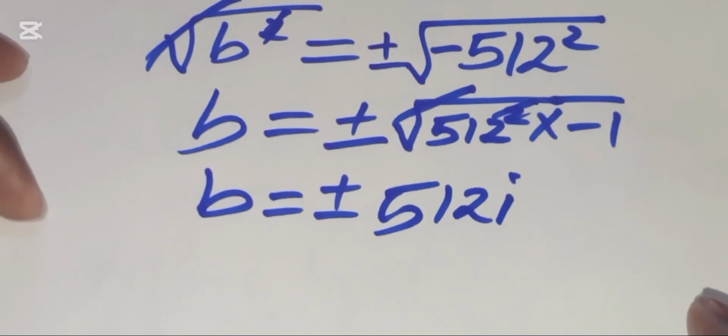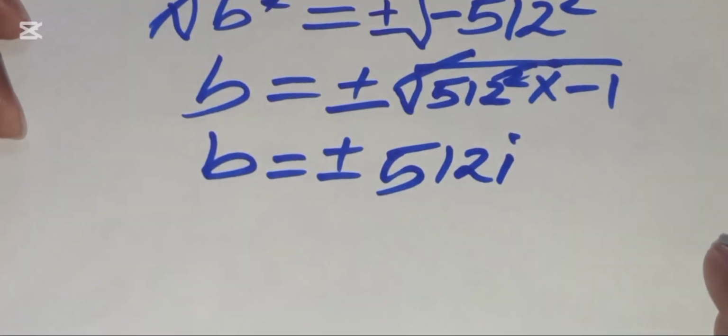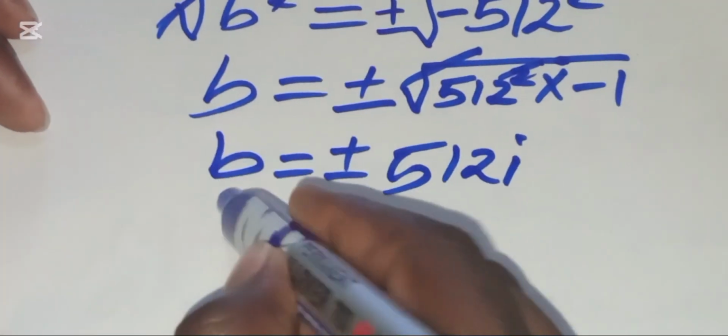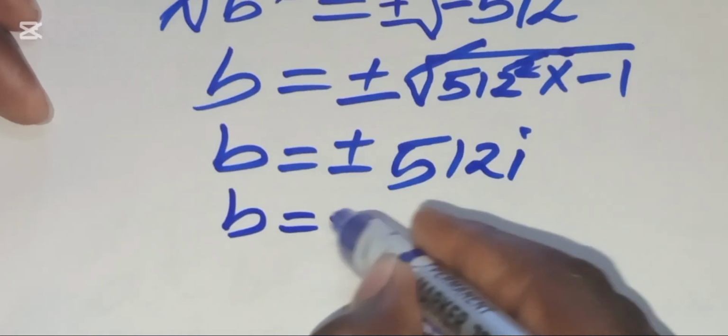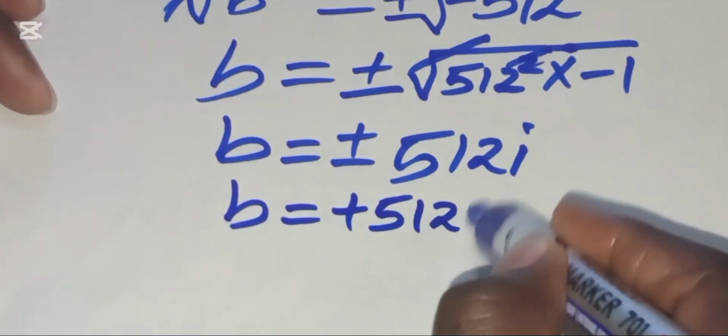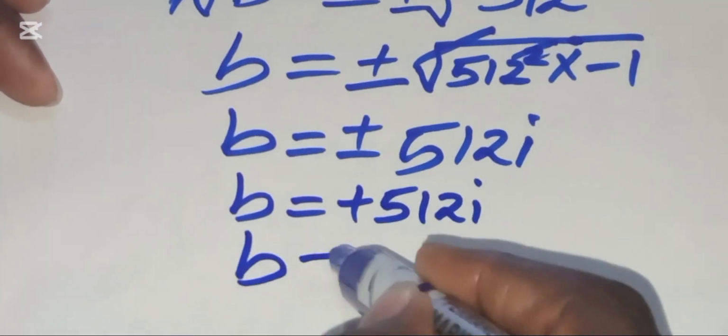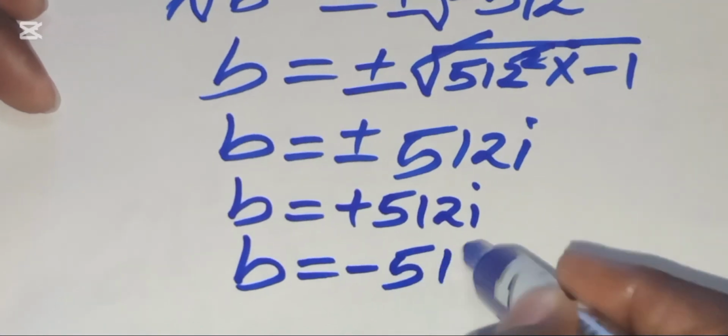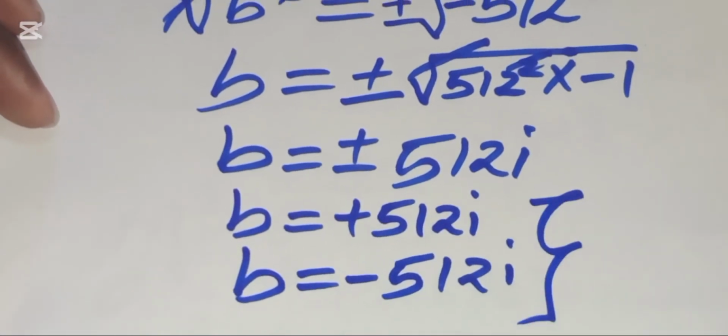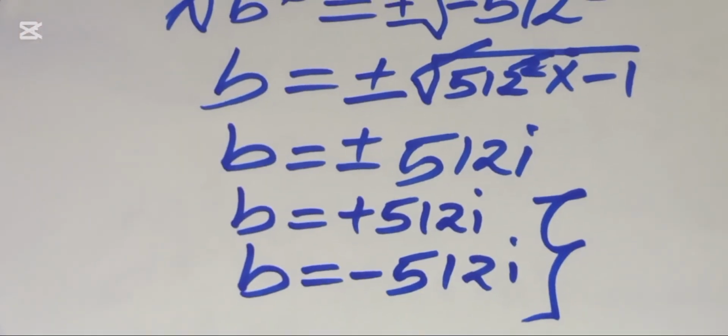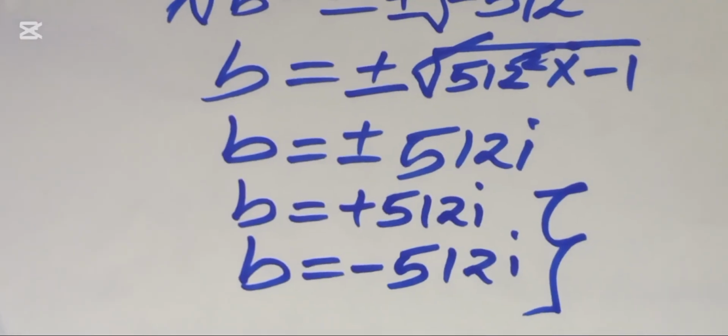So that means we have two possible values of b: b is equal to positive 512i and also b is equal to negative 512i. These are the two possible solutions for this radical equation.